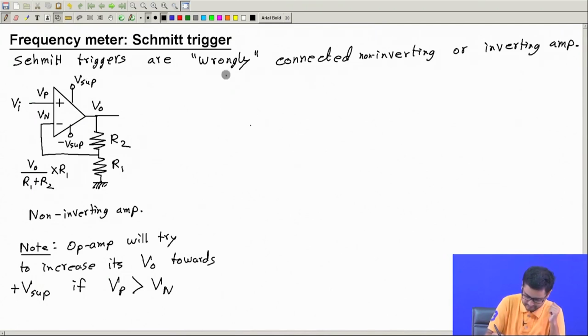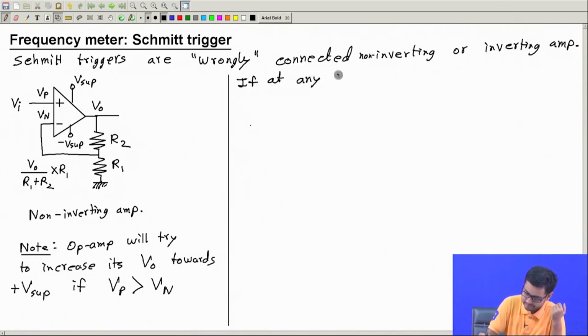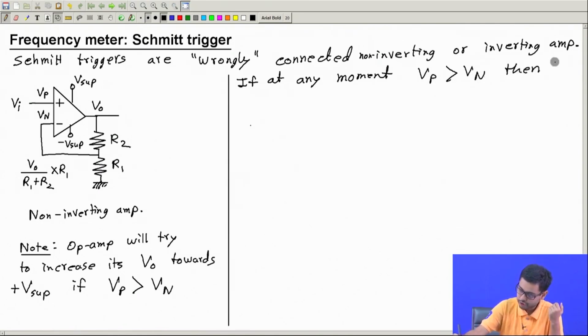Okay, so let me just continue this note. Okay. So, if at any moment say Vp is greater than Vn, okay, then VO increases towards the positive supply voltage. So with this shorthand, I mean VO increases, goes up.